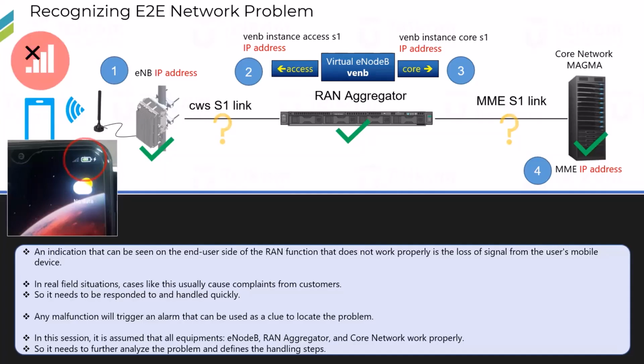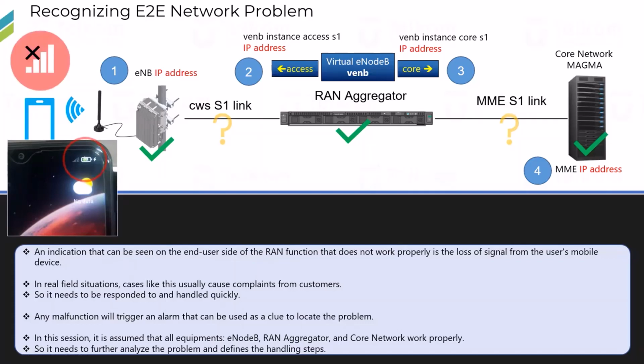This will happen in our experience of using the phone, and then you will see you lost the signal. So this is an indication that can be seen on the end user side that the RAN function does not work properly.